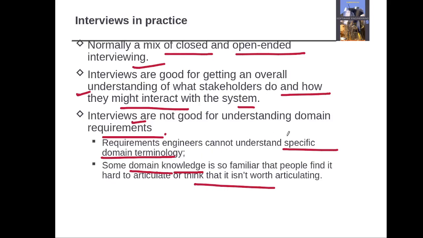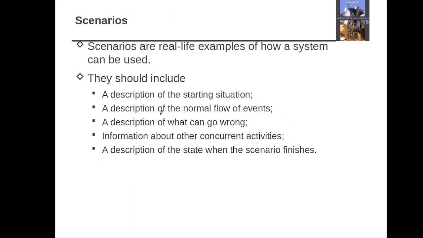So, the next thing that we will see is scenarios. A scenario is a real life example of how the system is being used or may be used in future. So you will have to describe the real life example of what happens.